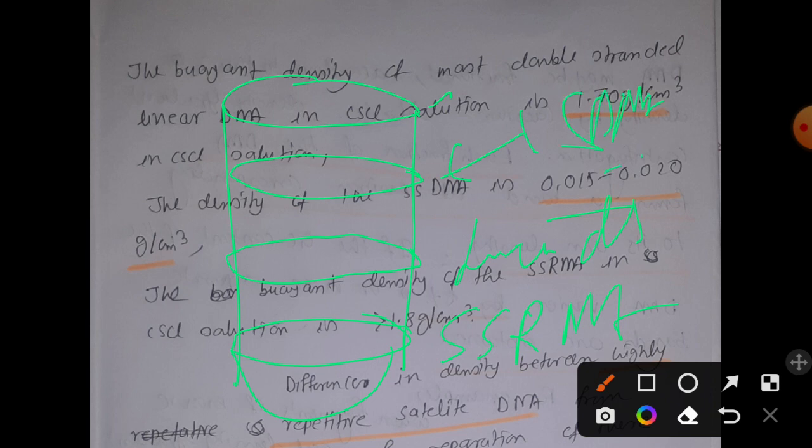Okay, so this is the correct information. The previous thing that I provided is wrong, so you have to remember that single stranded RNA has a higher Bowen density than linear double stranded DNA, and then single stranded DNA.